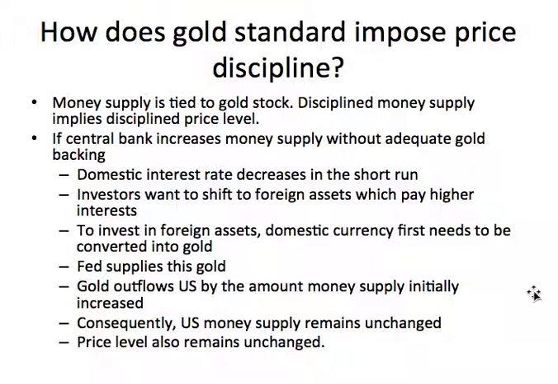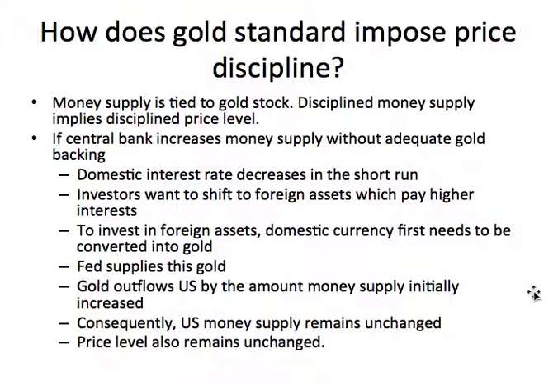Anyway, what essentially happens here is that these investors, when they try to sell off their US deposits and get back dollars and want to convert that into gold, go to the Fed, and the Fed supplies this gold to these investors. As a result, gold flows out of the US by the amount the money supply initially increased.